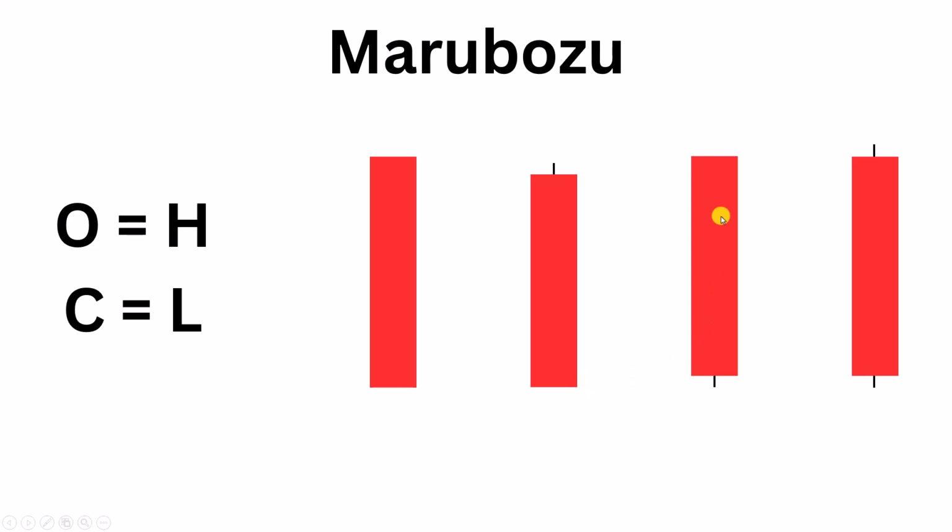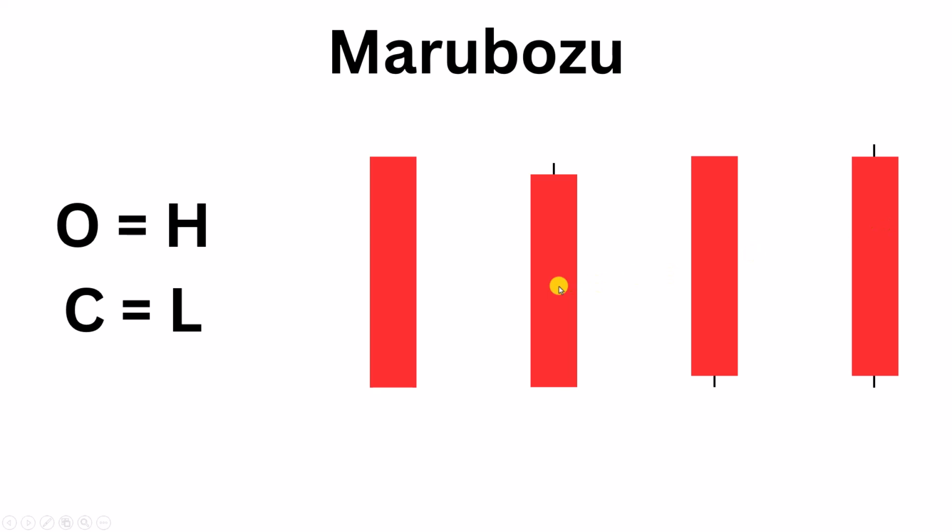Same is the case here. Price opened here, it kept on going down till here, buyers came and pushed the price up, but once again sellers pushed it down, and they were able to close it here. Same is the case here.